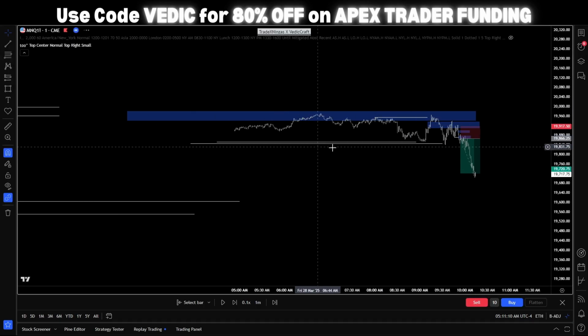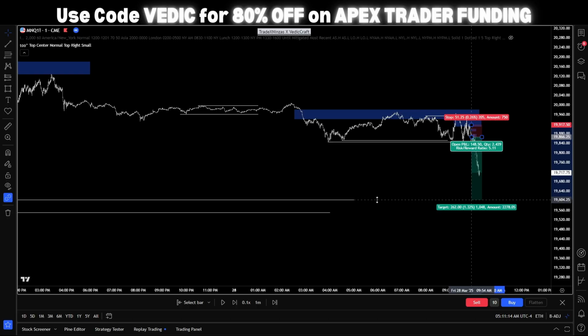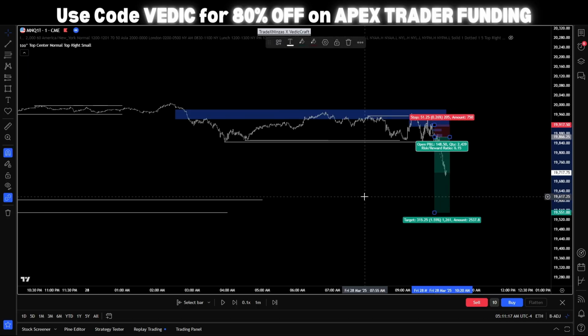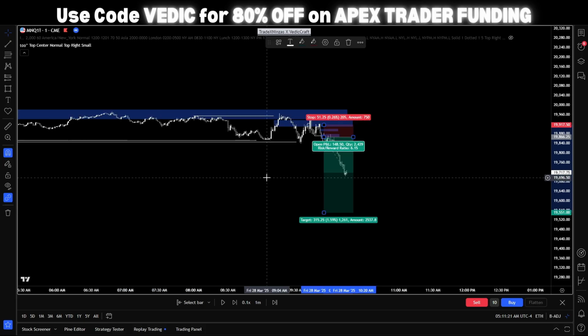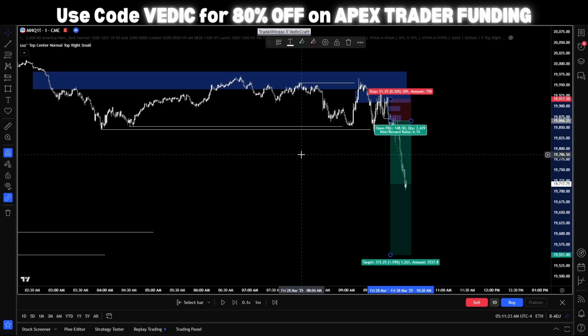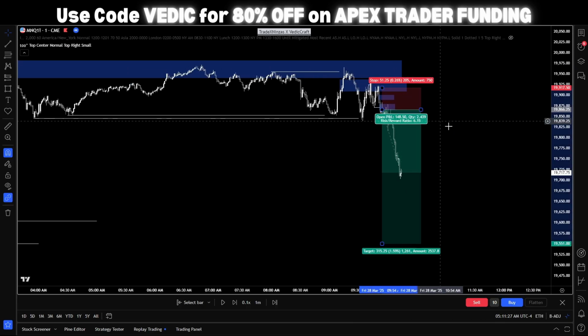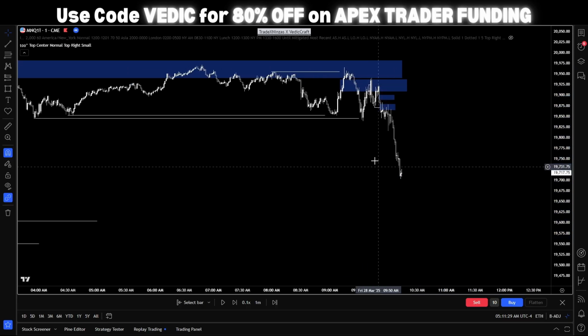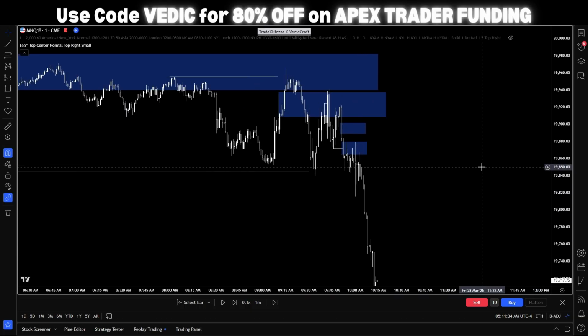So I can target 50 points, or I will target 300 points for these two lows. We have even done SMT somewhere right here, and we just rapidly fell off. So this is how you can find draw on liquidity.